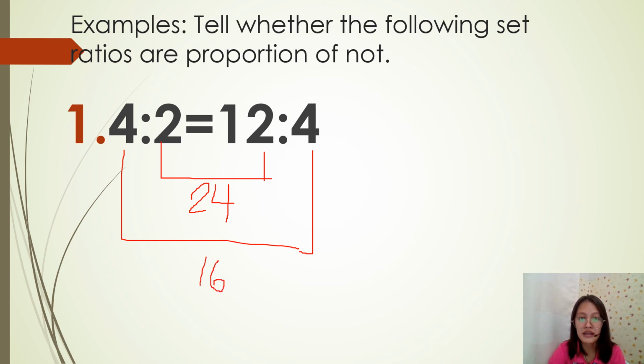Compare the product. Is 24 equal to 16? Definitely no. Therefore, they are not proportion. Hindi sila proportion. Again, tatandaan, proportion ang dalawang ratio if and only if the product of the means is equal to the product of the extremes.